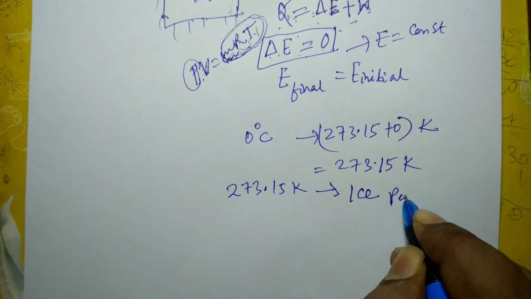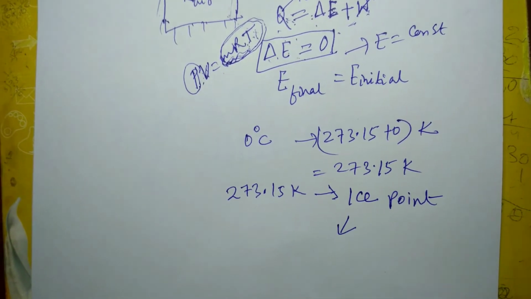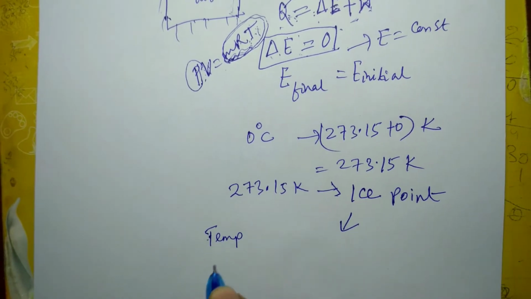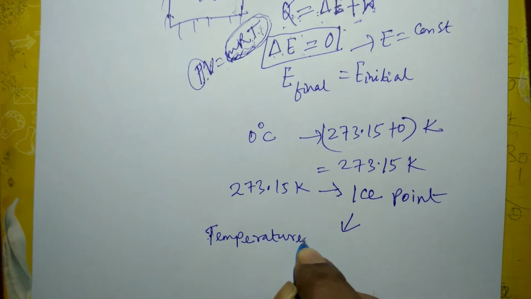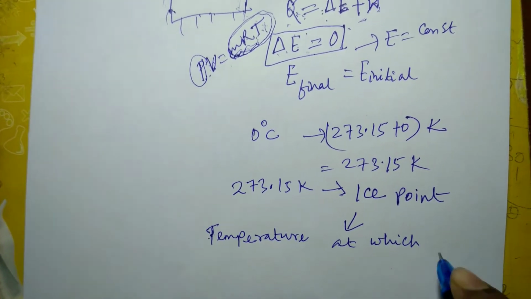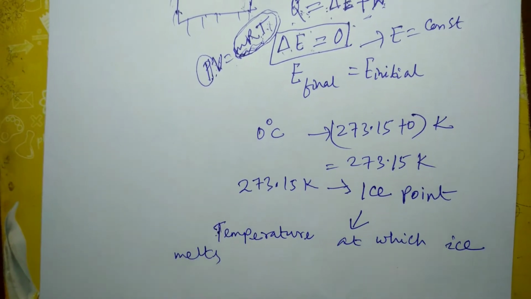So ice point, what is ice point? Ice point is the temperature at which ice melts. You know that ice melts into water at a constant temperature, and also water freezes into ice at that same temperature.